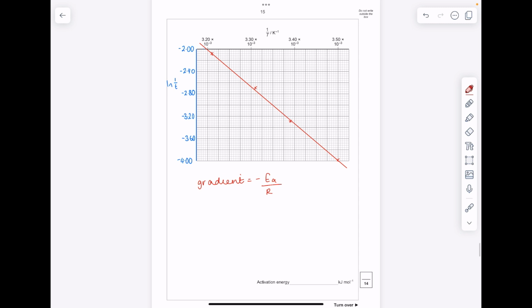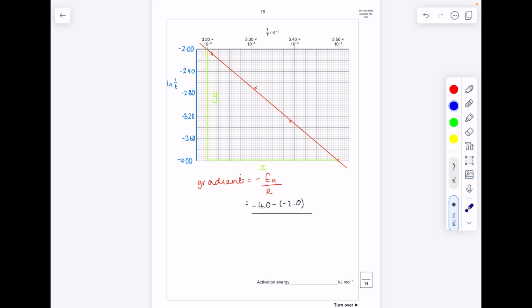So let's work out the gradient of this line, which remember is change in y over change in x. So I'm going to create a triangle right here for you to just see what I'm doing. So that's my change in y, that's my change in x. So my change in y is minus 4.0 minus minus 2.0. Read off your x values carefully using your x scale.